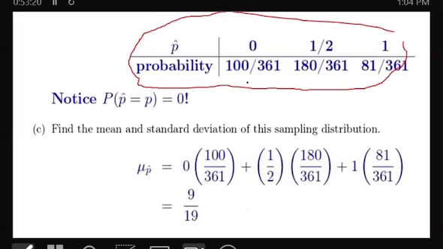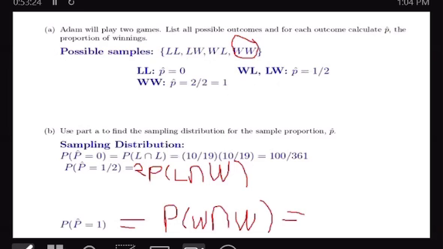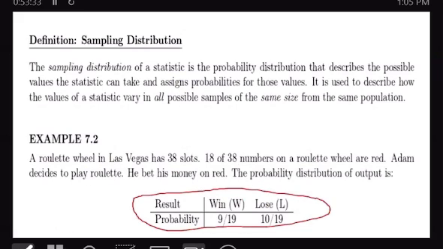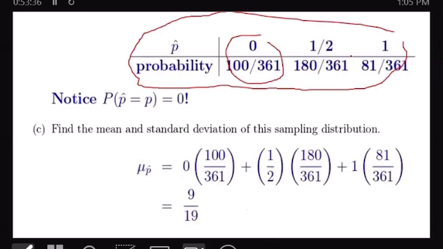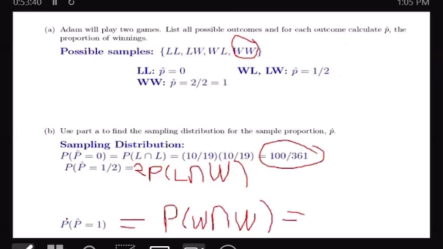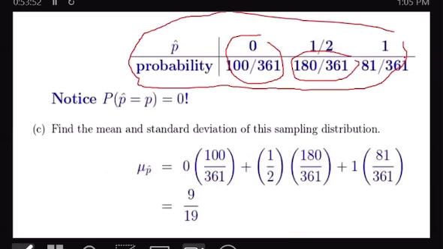For when p cap equal to 0, I got 100 over 361. When p cap equal to half, following what I said, you're going to get 180 over 361. When p cap equal to 1, where you multiply the probability of W times probability of W, that is actually going to give you this guy.